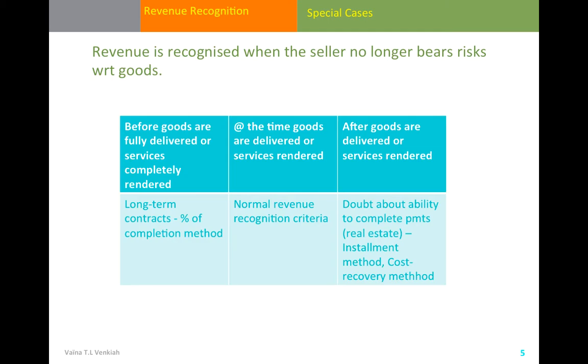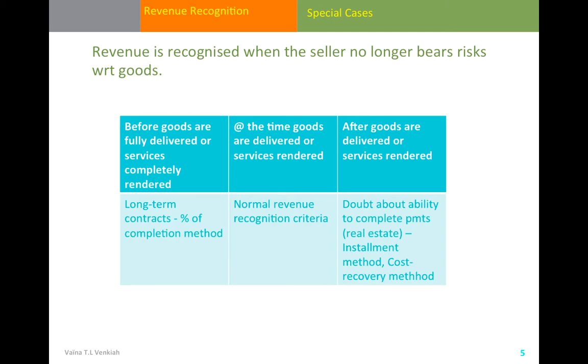And then you have after the goods are delivered or services are rendered. So this usually comes with a doubt about ability to complete payments. For example, if you have a real estate project, for this type of issue, we use the installment method or cost recovery method.